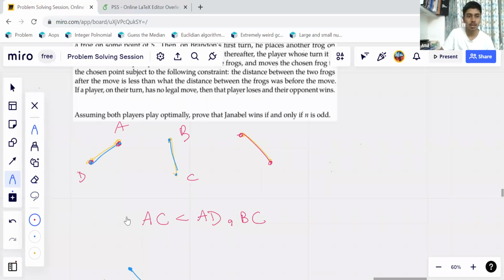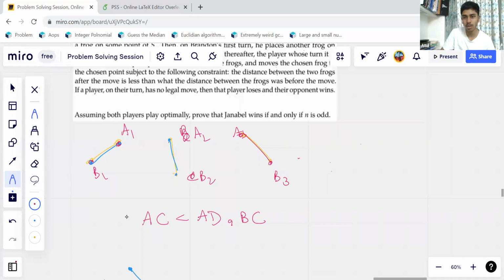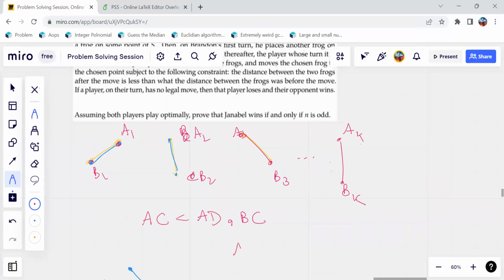Like my point is I can pick n segments, like I'm calling them A1, B1, A2, B2, A3, B3, and so on until AK, BK, where K is equal to n by 2. This is the case when n is even.